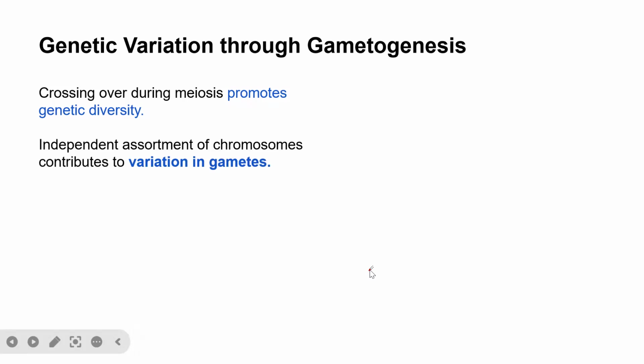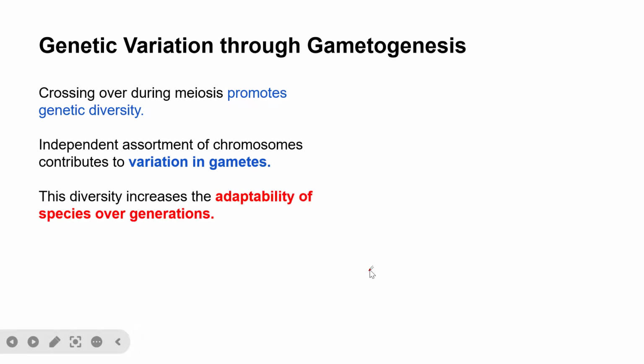So then, genetic variation throughout gametogenesis. Usually during gametogenesis, there is a crossing over. And this crossing over during meiosis promotes genetic diversity. And independent assortment of chromosomes contributes to variation in gametes. So you see, during oogenesis, there is meiosis, and at the stage of meiosis, there is crossing over, especially when the homologous chromosomes are aligned.